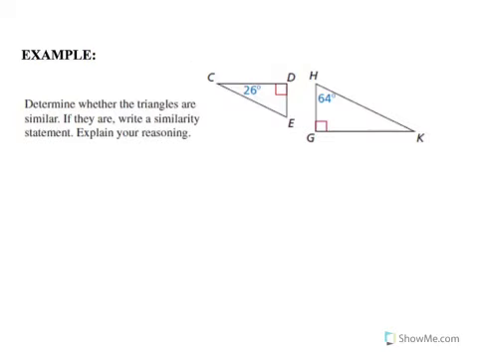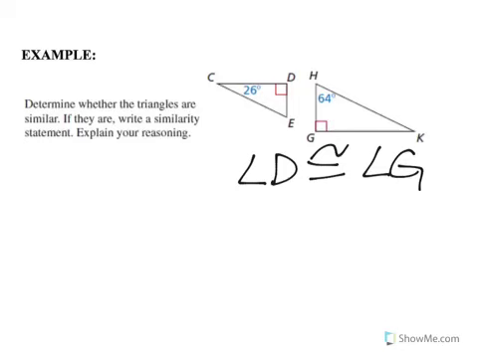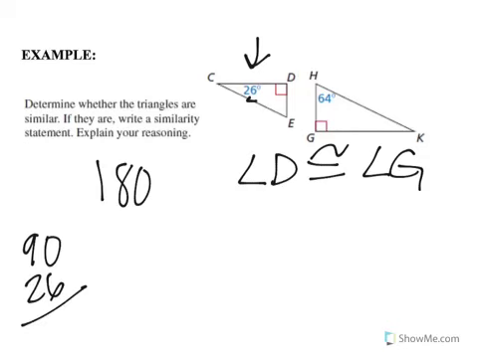Here's an example. Looking at these two triangles right here, we can say that angle D is congruent to angle G because they are both right angles. Then if we look at this triangle here, we know that there's 180 degrees in every triangle, so if we add our 90 plus the angle that is 26 together, we'll get a total of 116.